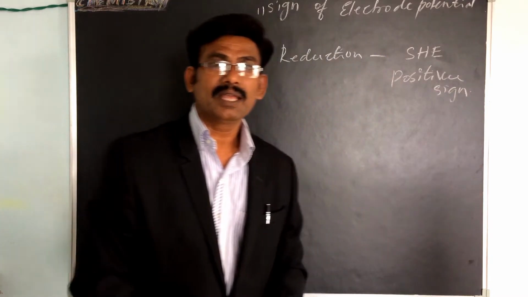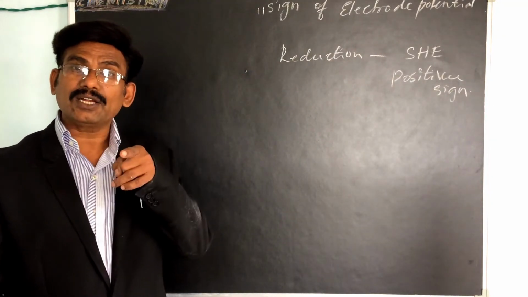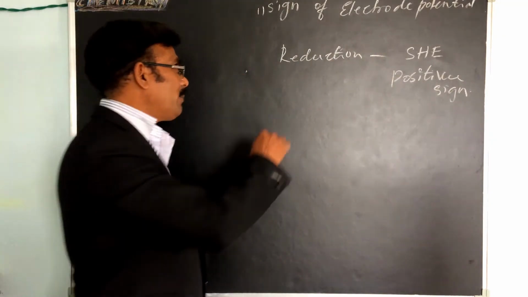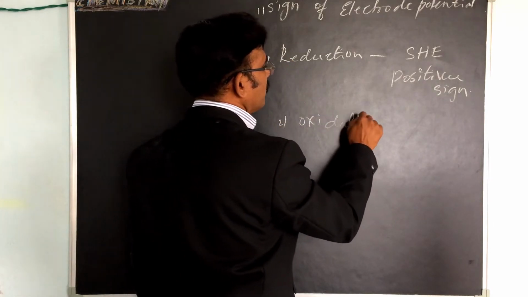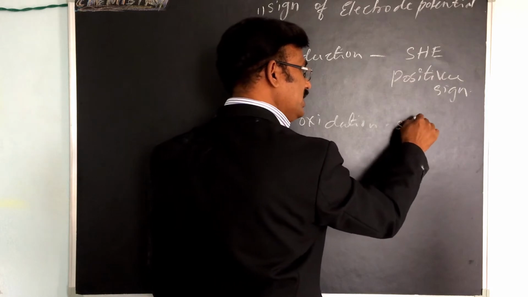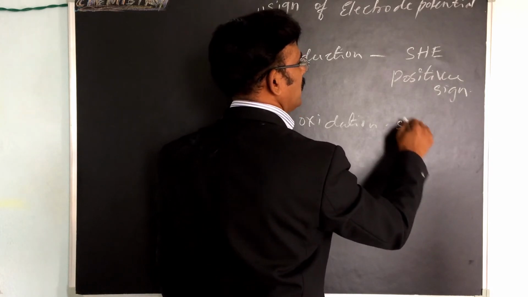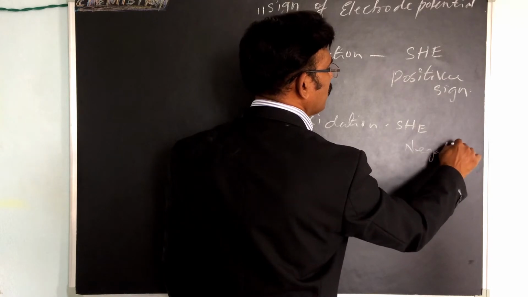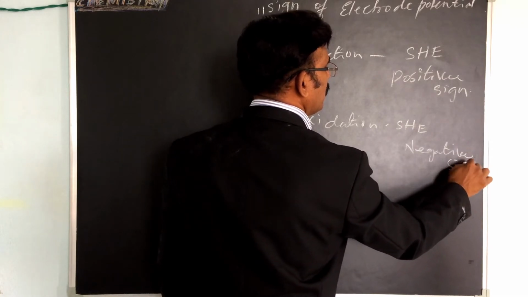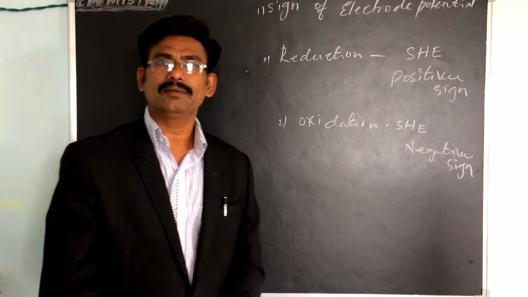If oxidation occurs on an electrode when combined with SHE, what happens? It gives rise to a negative sign.